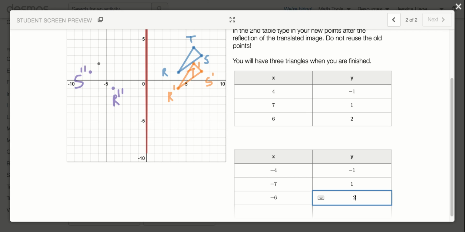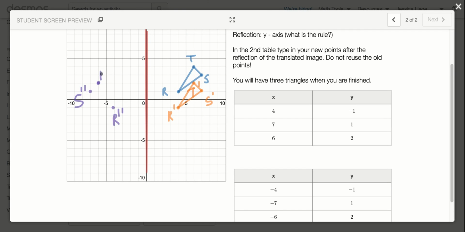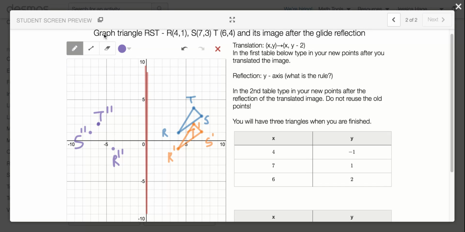So negative 6, positive 2. And that's going to be T double prime. And you did your second glide reflection where we translated it down 2, and taking that figure, we reflected it over the y-axis.